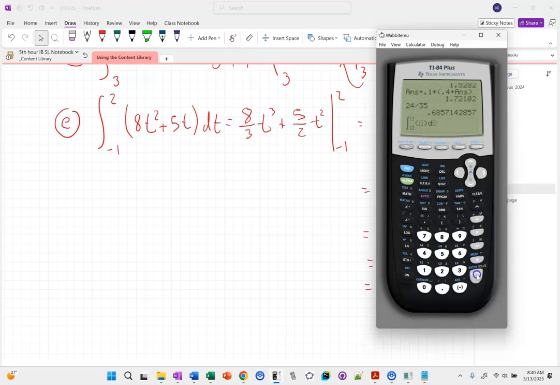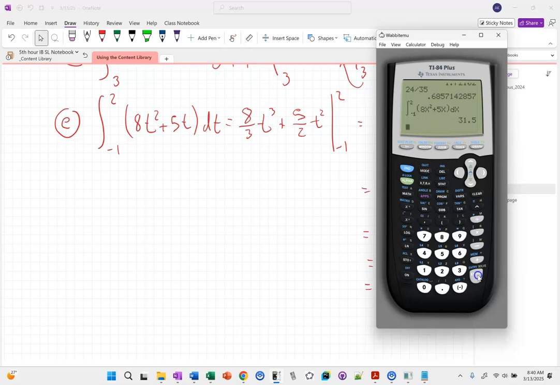All I have to do now is basically copy this down into my calculator, except I'm going to use x's instead of t's. So -1 to 2 of 8x squared plus 5x dx. Enter. Whammo! How rad is that?